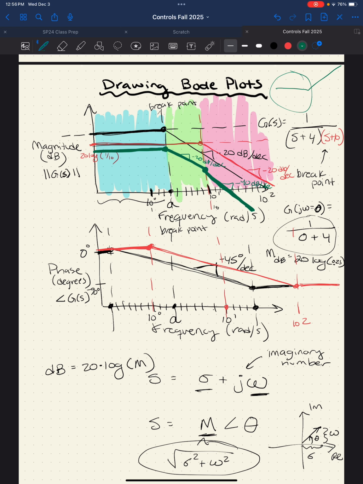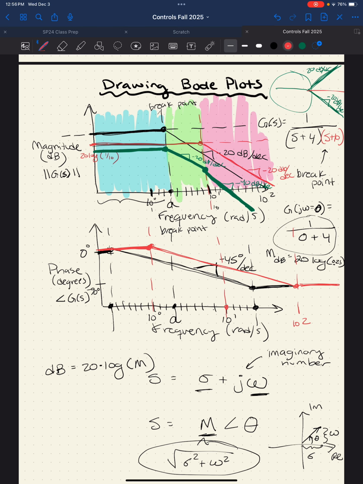So you're still going to add values to find out where your resultant starts in the flat region. And then here, you're going to go in the opposite slope. So instead of adding them, you'll subtract them. Say there was a part here as well. If this was minus 20 decibels per decade, and this was plus 20 decibels per decade, your resultant would have 0 decibels per decade.